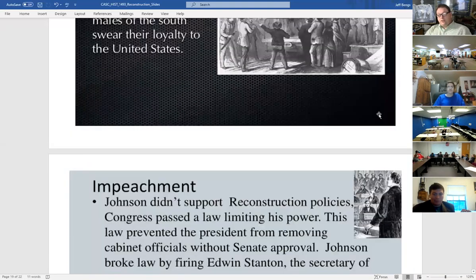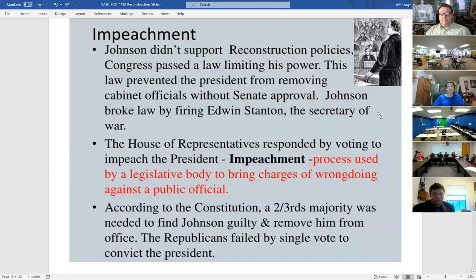No longer could you be just loyal to the Confederacy. And then there was the third Reconstruction Act. I'm sorry, there was not a third. There were later reinforcement acts, but that's a different thing. Was there a question?